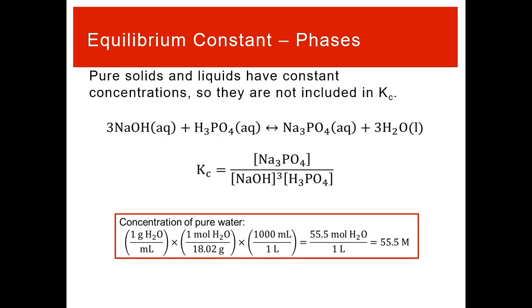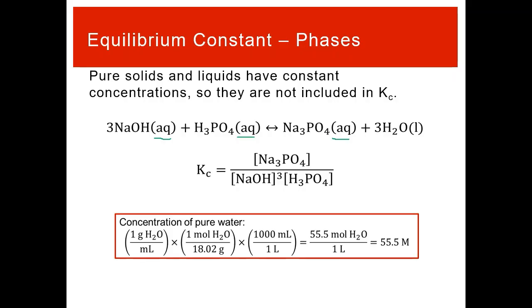When we're working with equilibrium constants, we're always dealing with these concentrations. It ends up that pure solids and liquids would have constant concentrations, so they're not included in Kc. So for example, this reaction, 3NaOH plus H3PO4 becomes Na3PO4 plus 3H2O. We can see that NaOH is aqueous, H3PO4 is aqueous, Na3PO4 is aqueous.